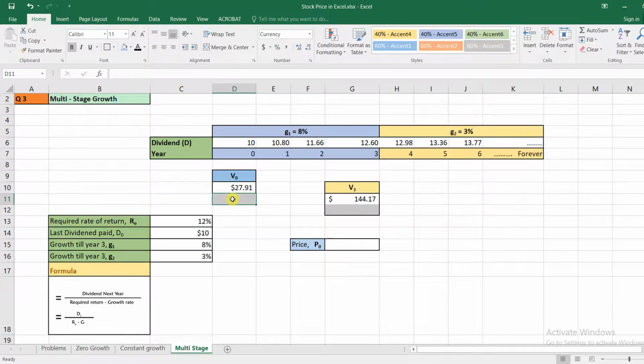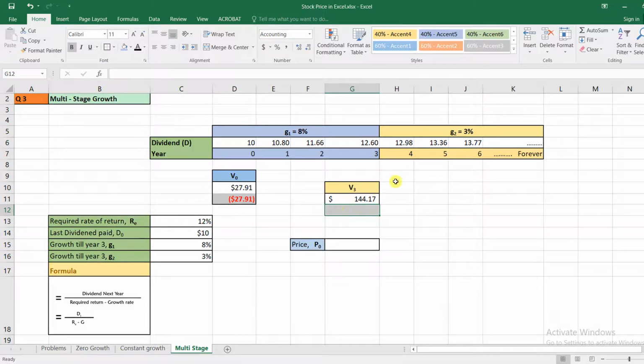Alright, now to convert it to cash outflow, just press the equal sign, put a negative sign, and then select this cell. It's in brackets, that means Excel now knows that it is a cash outflow.